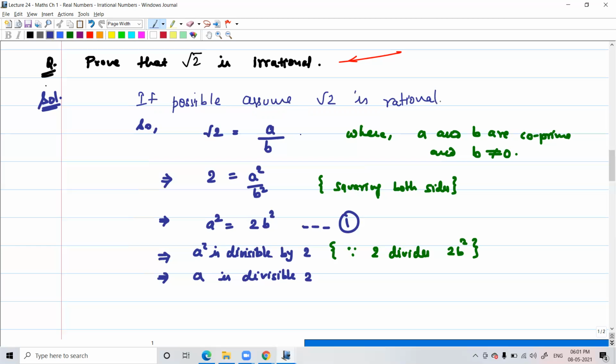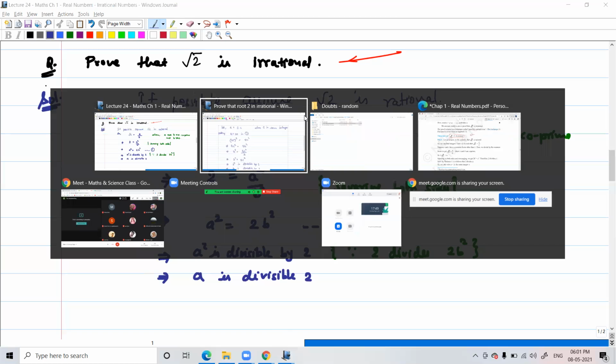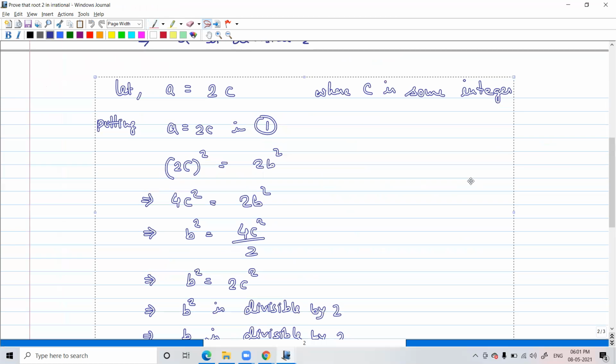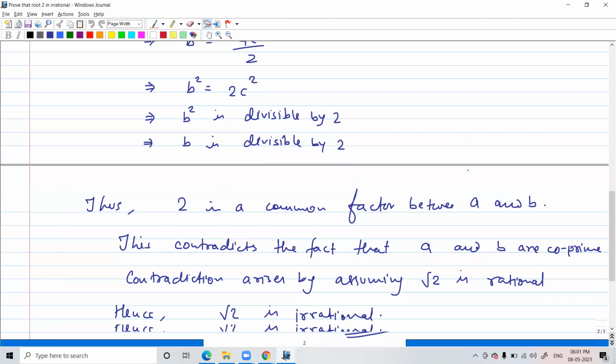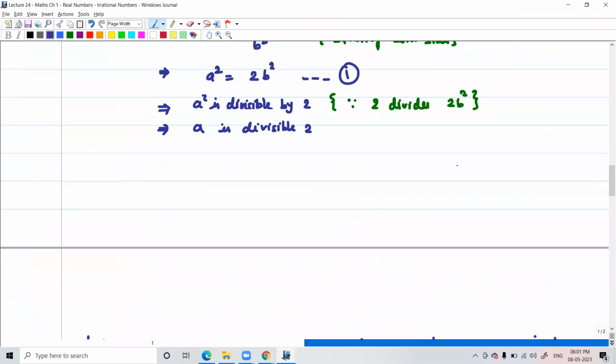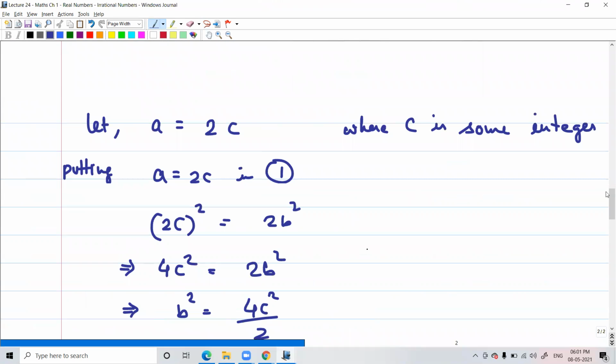So if root 2 is rational, what does it mean? I should be able to write root 2 in the form of p by q, right? I have written a by b over here. That is intentional. Normally when we have a rational number, how do we write it?